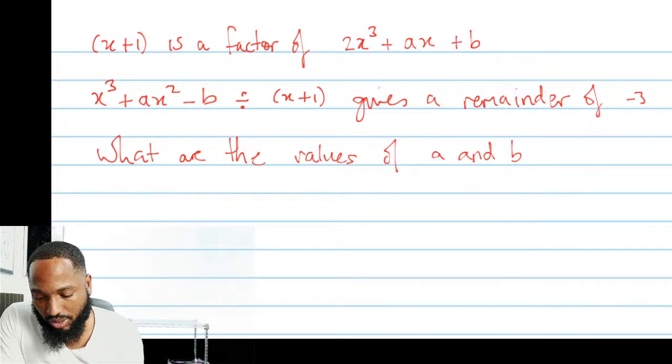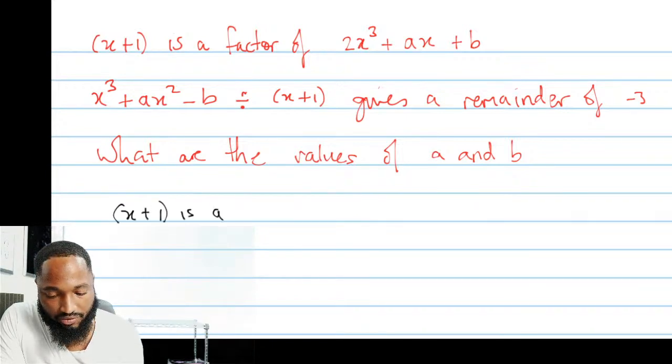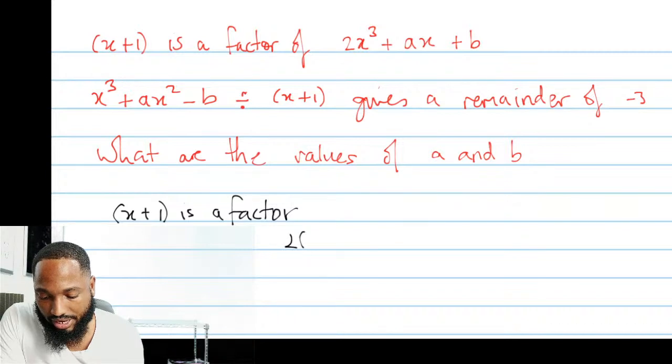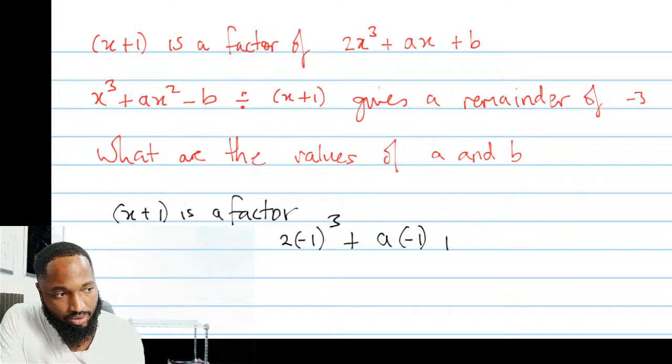Alright, so if x plus 1 is a factor, it means that this is 2 by negative 1, because you're substituting the additive inverse, right? 2 by negative 1, I'm substituting into this, and I'm using negative 1, right? Cube, plus a by negative 1 plus negative 1.